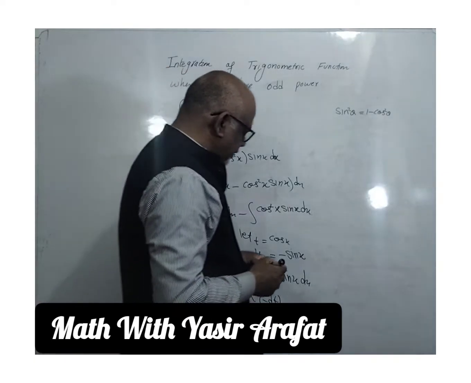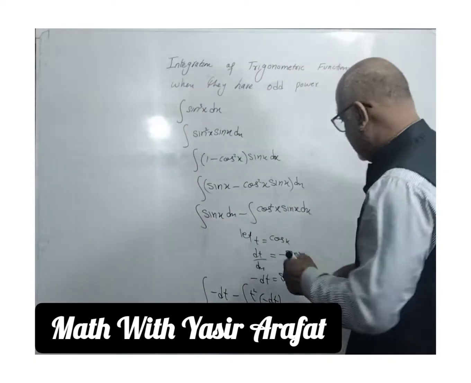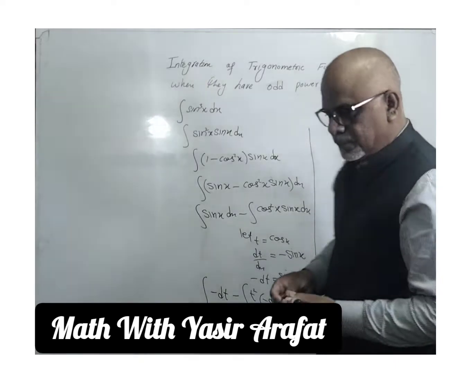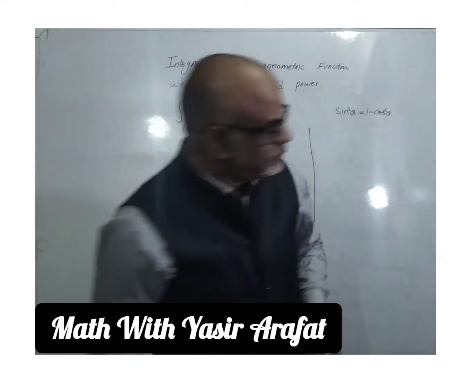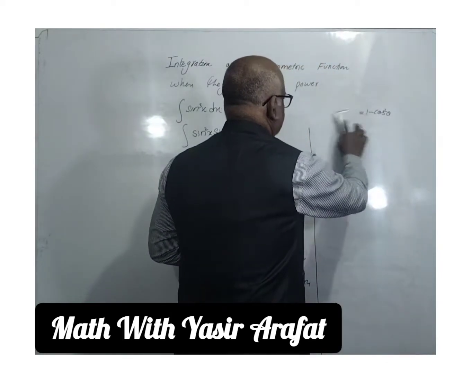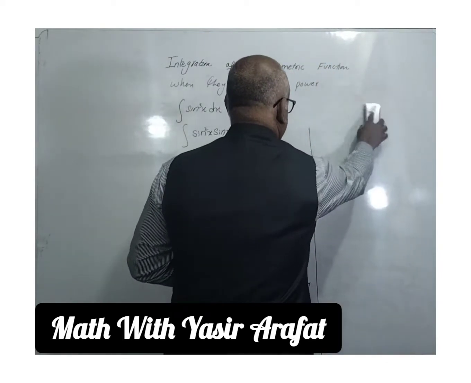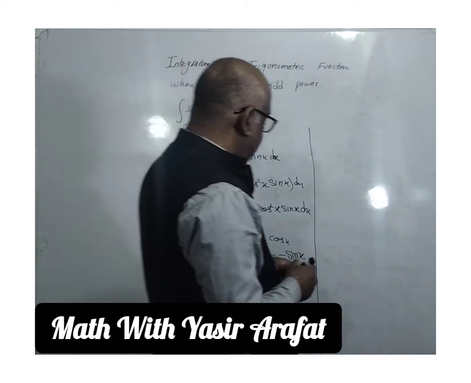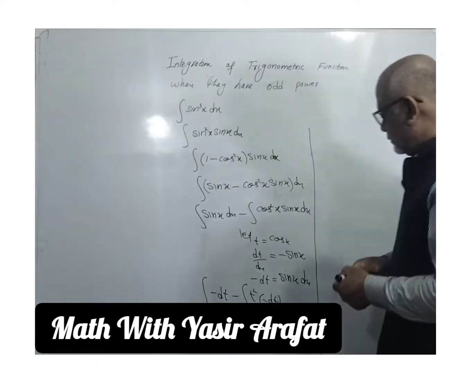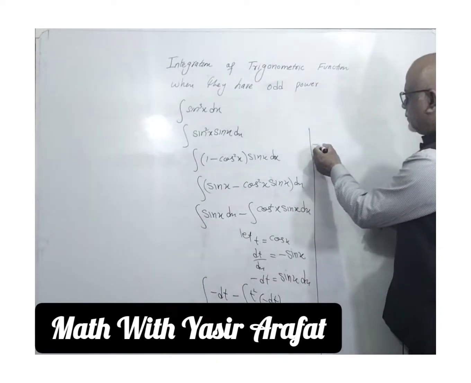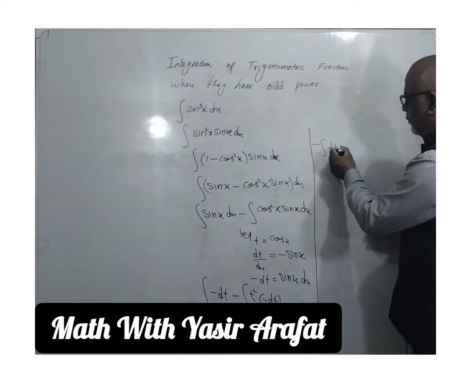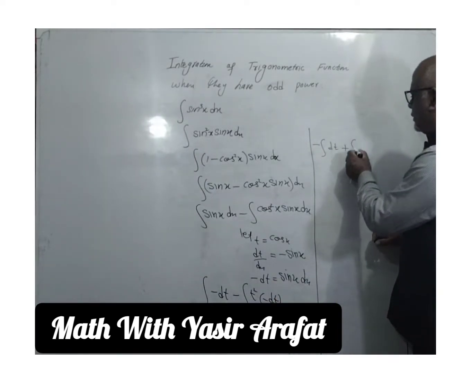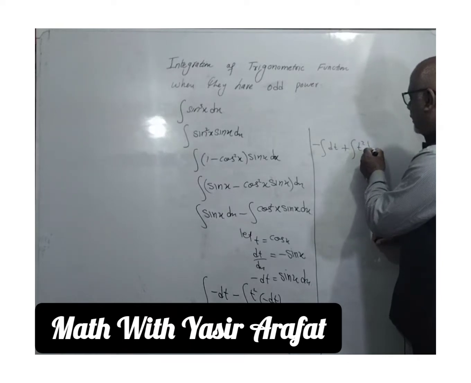Now we multiply this negative sign here: minus minus becomes plus, so this is t square dt.